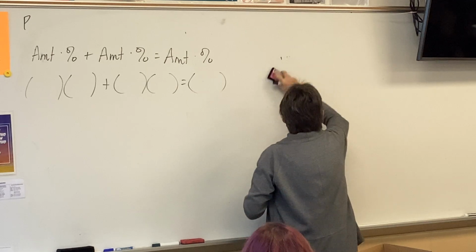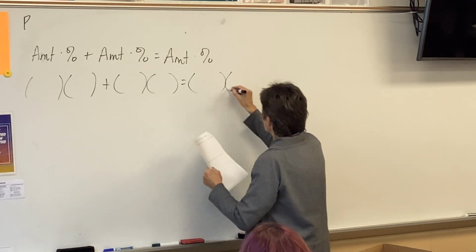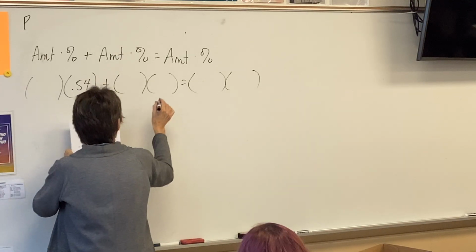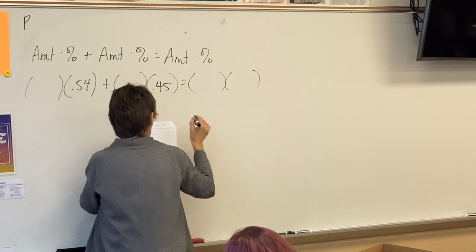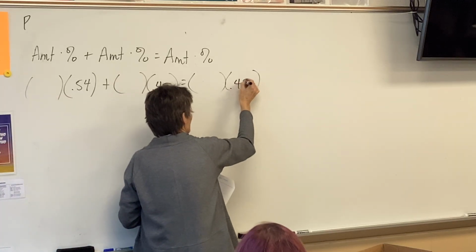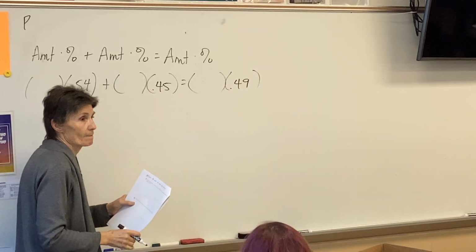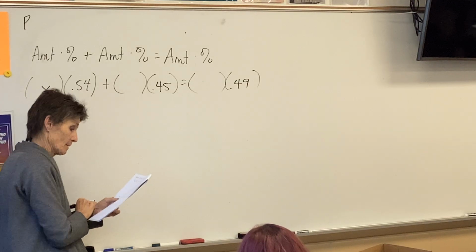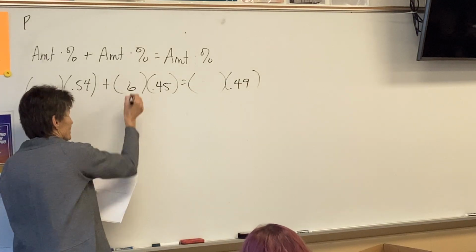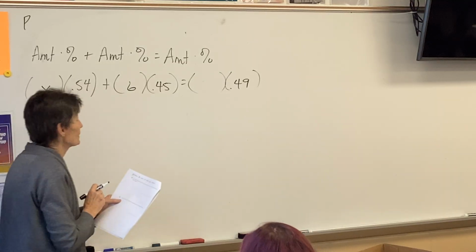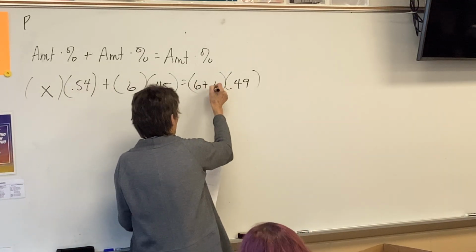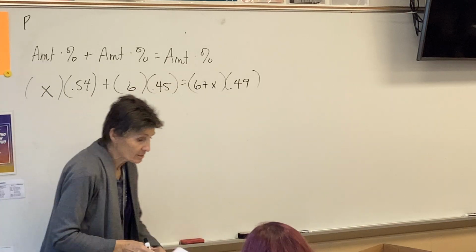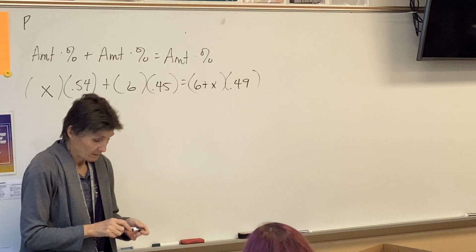X times 0.54. 0.54 X. and 0.45 and 0.49. Yeah. And then a good old how much? And then 6 quarts of the 45. Yep. And then 6 plus x or x plus 6. All right, take a second and solve it. See if you can solve it.